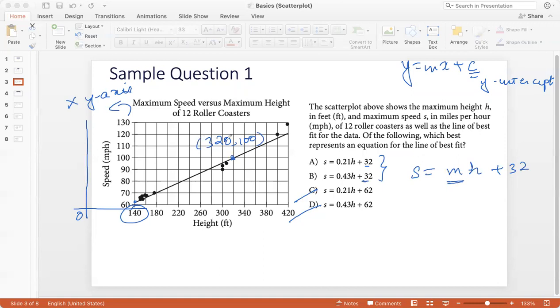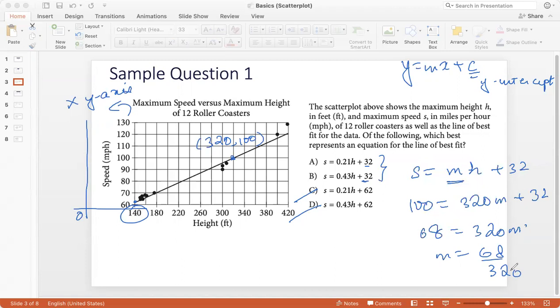So if I put this coordinate in this equation, then I can get the right value of m. So the speed is 100, height is 320, plus 32. So 100 minus 32, so 68 is 320 m. So m is 68 by 320.